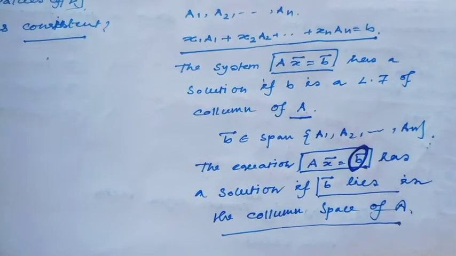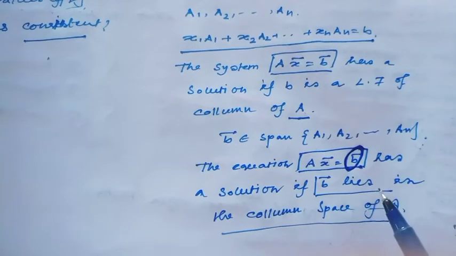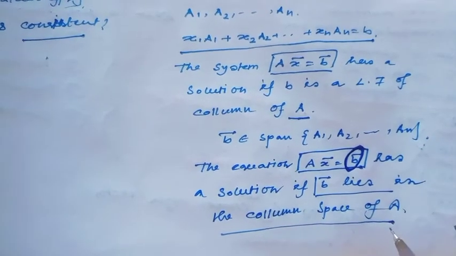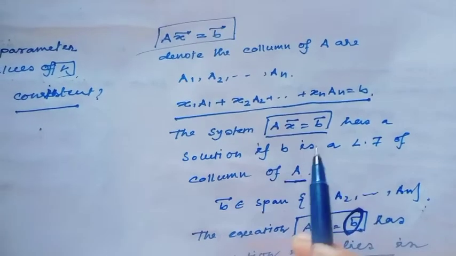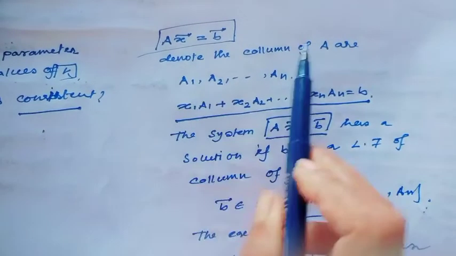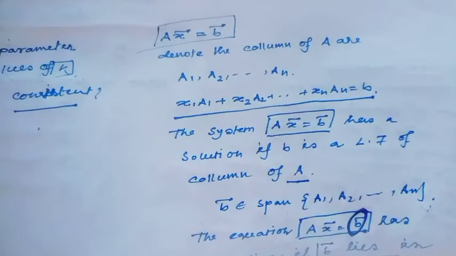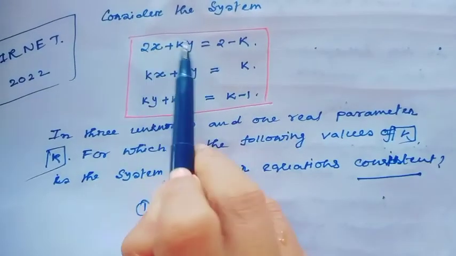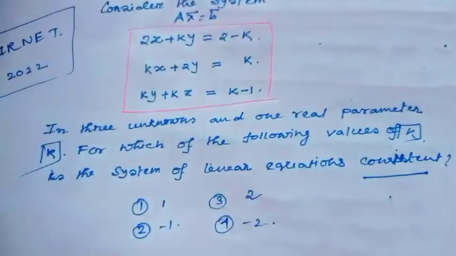That means then the equation would be consistent when this b lies in the column space of the matrix A. I hope all my viewers have understood what b is and when the solution exists. b is nothing but a linear combination of the columns of the matrix, where each column is denoted as A1, A2 up to An.